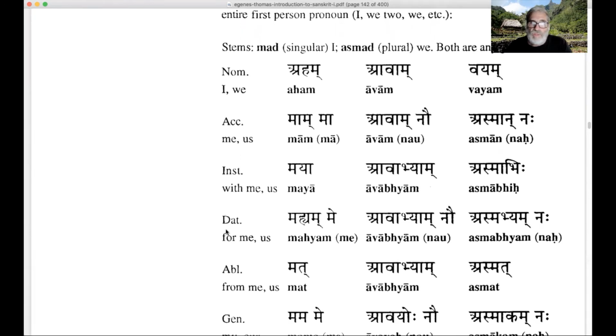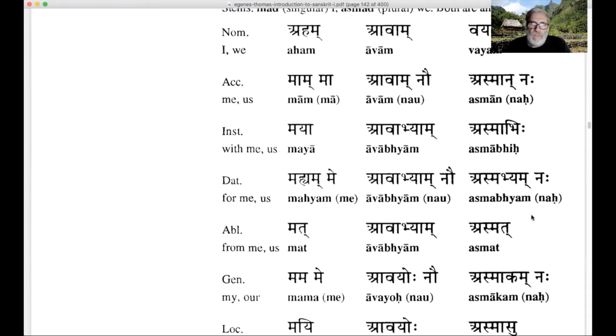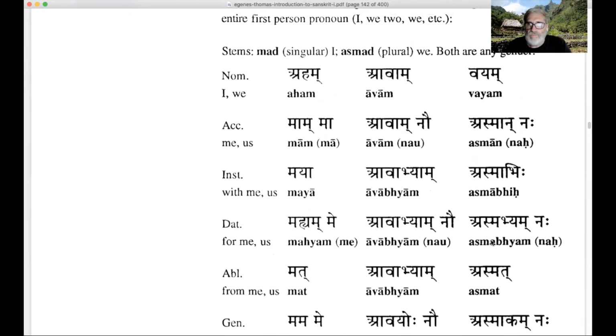Now, here's another thing. You might notice that there are also alternate forms on some of them. In the accusative, singular, dual, and plural, we have ma, nau, and nah. In the dative, we have me, nau, and nah. In the genitive, we have me, nau, and nah, right? So these are alternate forms.